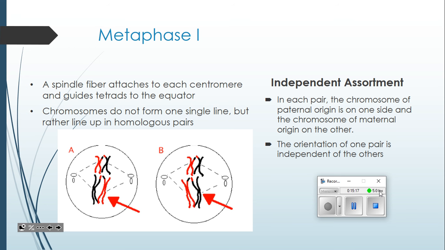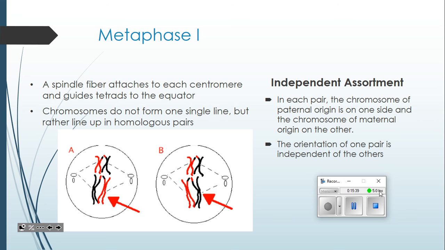If I look at version A, notice that the red short chromosome is on the left, but the red long chromosome is on the right. They're on opposite sides of the equator. But in version B of what could happen during metaphase, the red chromosomes are both on the left.